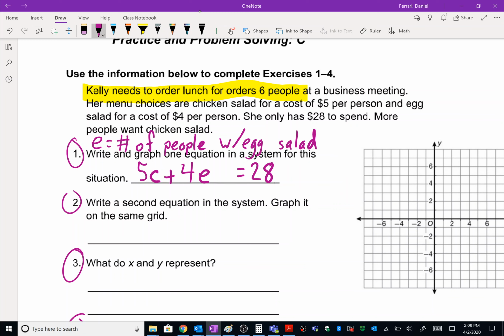If you add those 2 numbers together, what does that equal? Well, everybody's getting lunch, and there's 6 people that she's ordering for. So if I take the number of chicken salad orders and add them to the number of egg salad orders, I should get the number 6.